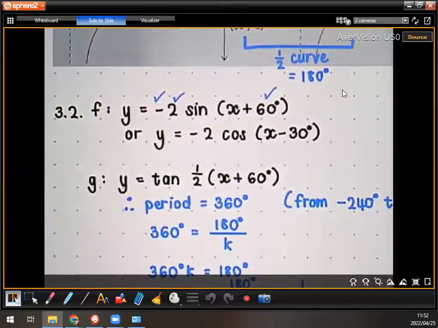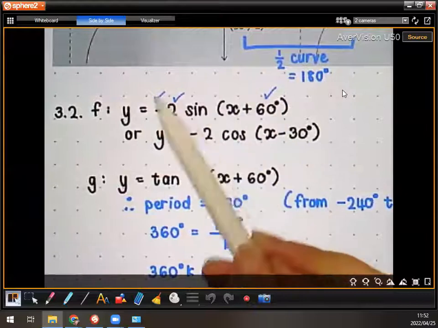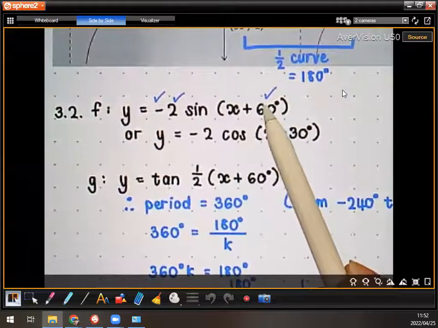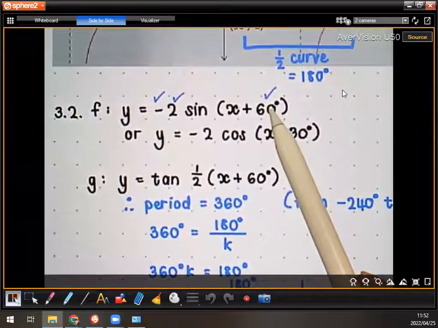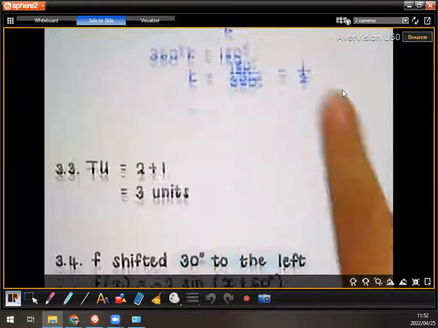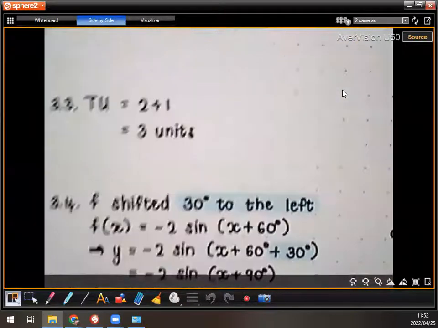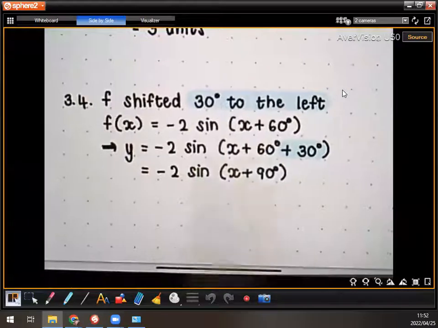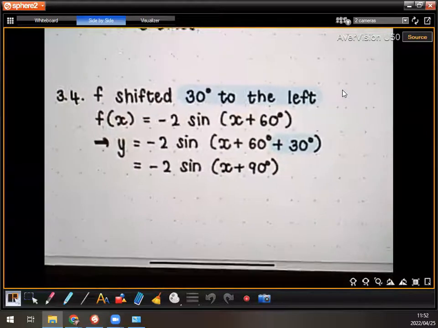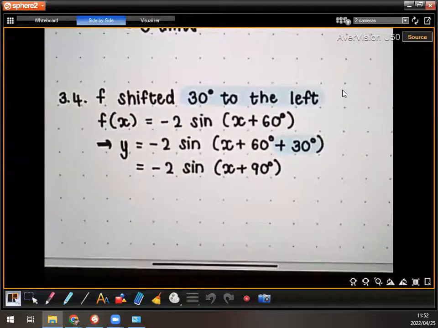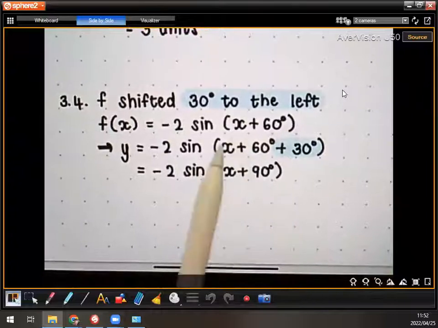How do we normally indicate a shift in the negative direction? By saying plus. All right, so we're going to take this equation that we have already, and we're going to add plus 30 in the bracket. Okay, so you can see what I did there. I highlighted it. So now it depends on which formula you wrote down for f or which one you got. So the other answer is next to this one.